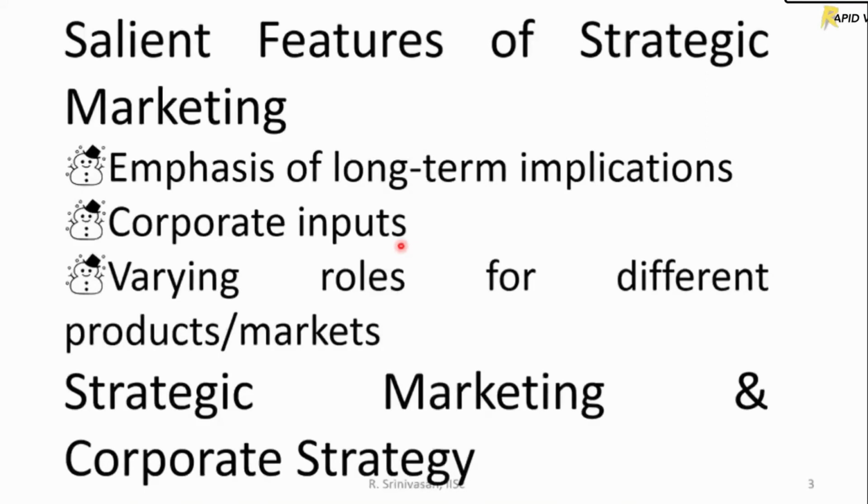Now, depending on the type of inputs that he is getting, he may have to change the roles for different products and markets. So, for different products and markets, you may have to adopt different roles. For a perishable market, a different role. For a durable market, a different role. So, consumer durables may call for a different pricing strategy. Consumer perishables may call for a different pricing strategy.